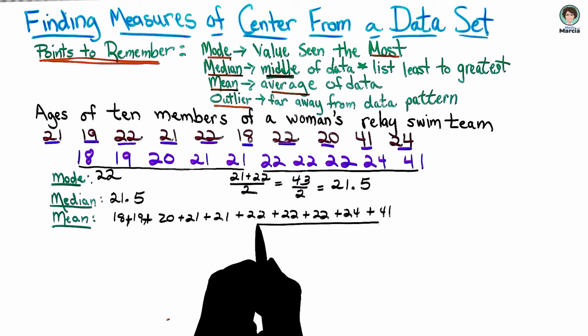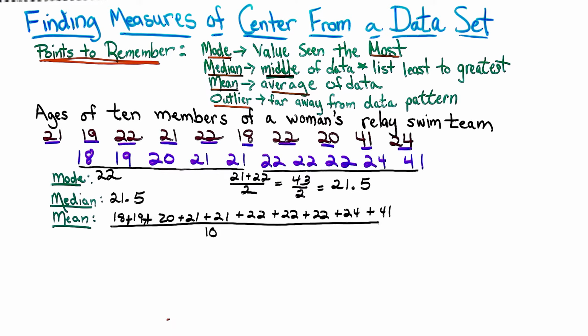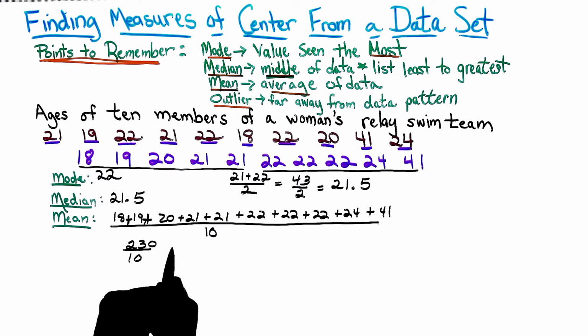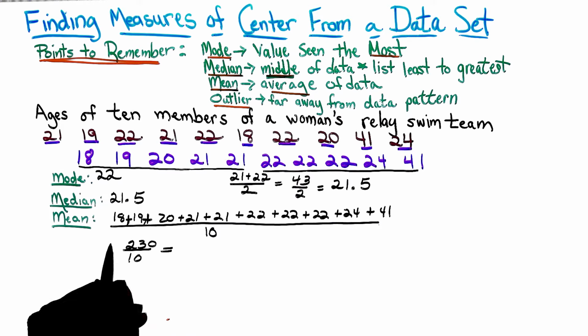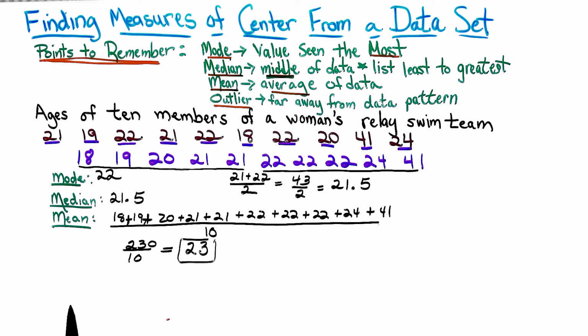We know that there were 10 of them, so we're dividing by 10. When I add up all those ages together, I get 230, and we're going to divide that by 10. So we know that our mean age is actually 23 years. So there is our mean.